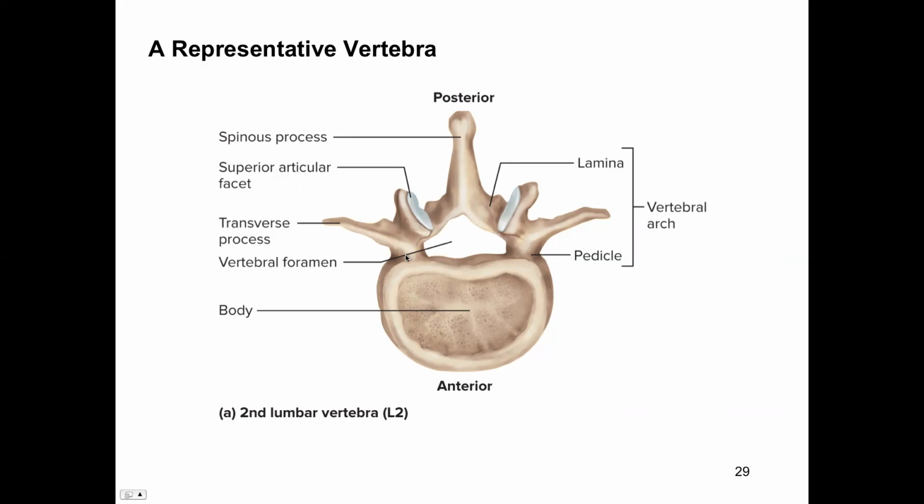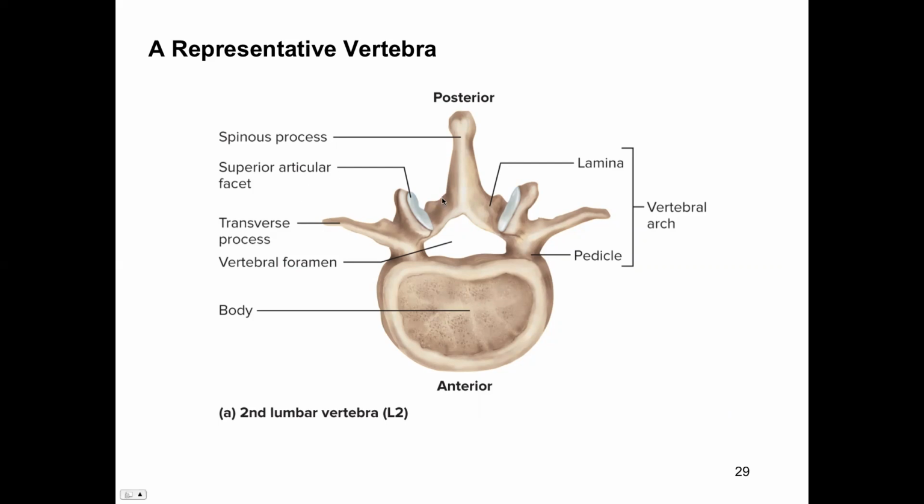Then we have the pedicle, which I always think of as a pedestal. It's holding these processes up. You've got 2 transverse processes and 1 spinous process. This is the one you feel when you rub down your spine with your hand. You feel the spinous processes.